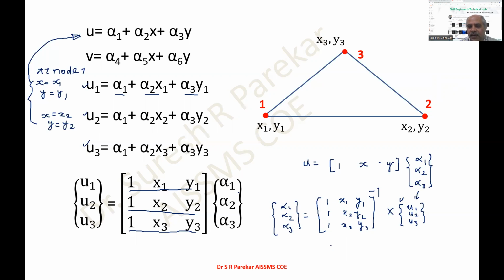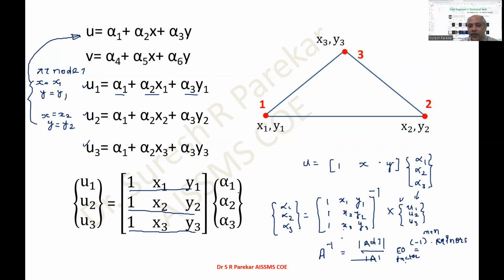Now to find this inverse, if I consider this matrix as A, then A inverse equals adjoint divided by determinant. Now how will we find the adjoint? The cofactor is (-1) to the power (m plus n) times the minor.